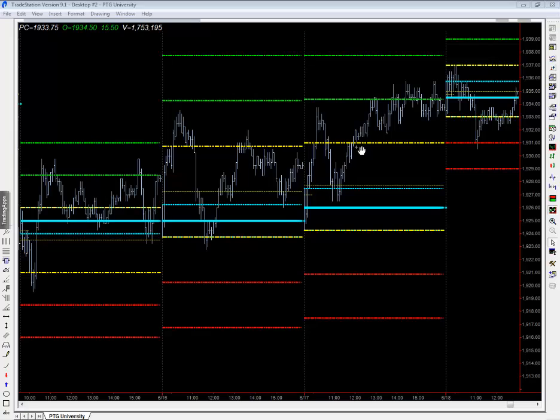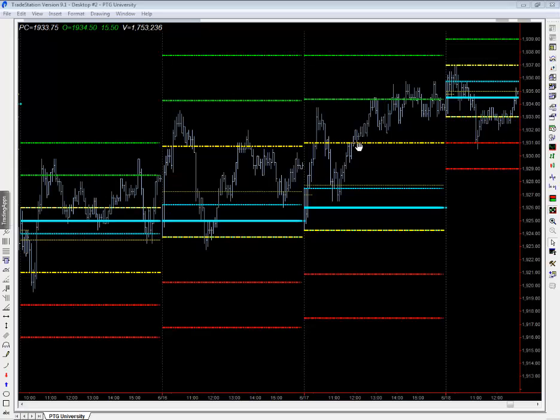But if that 30-minute high does not elicit a response to stop the price movement, you'll see these layered lines here, the green one up here and another green one up there. These are the 30-minute price targets.